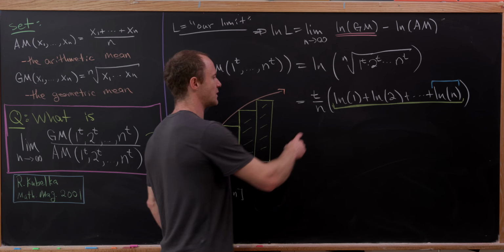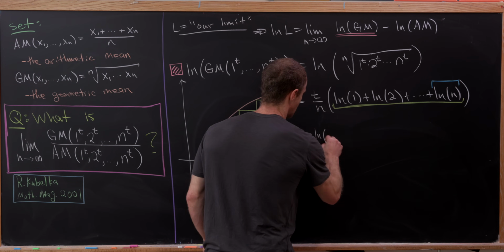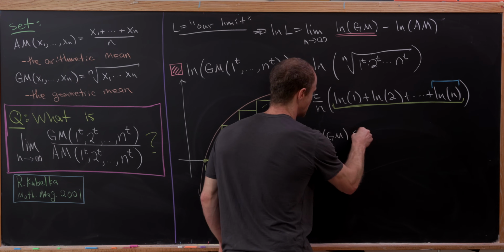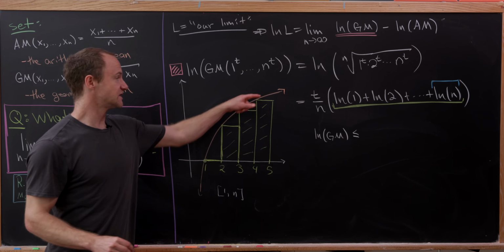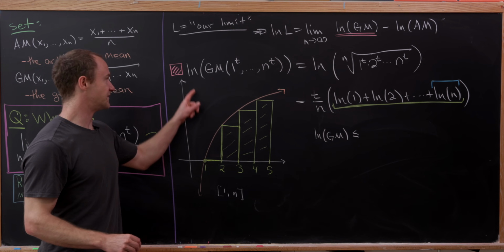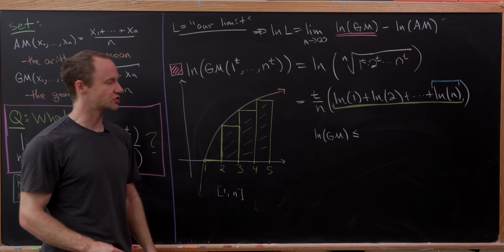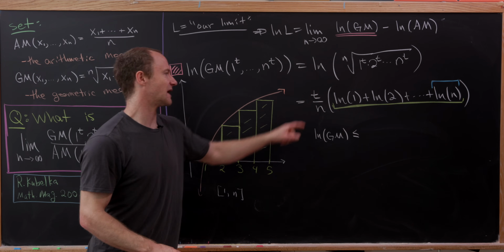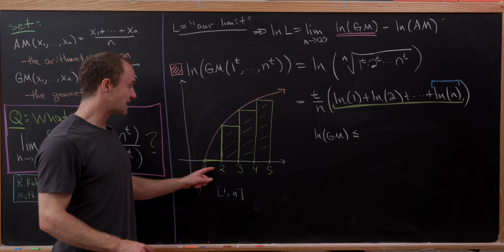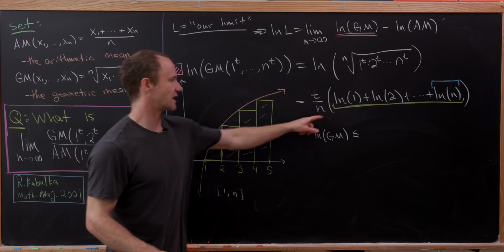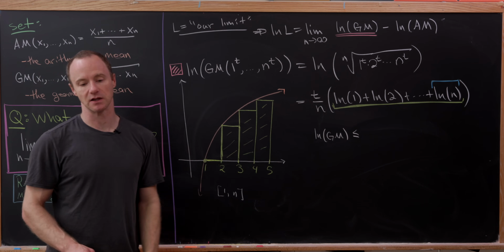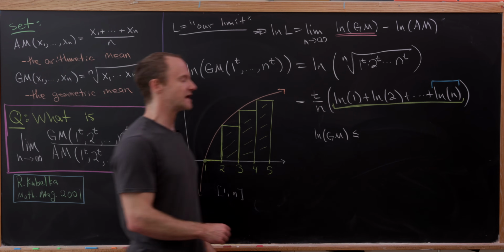So that means that we can put the natural log of our geometric mean below the integral of this natural log function. Recall that this was the graph of the natural log function. Well, at least multiplied by t over n, because we're just talking about these yellow rectangles corresponding to this yellow underline. And so what is that?